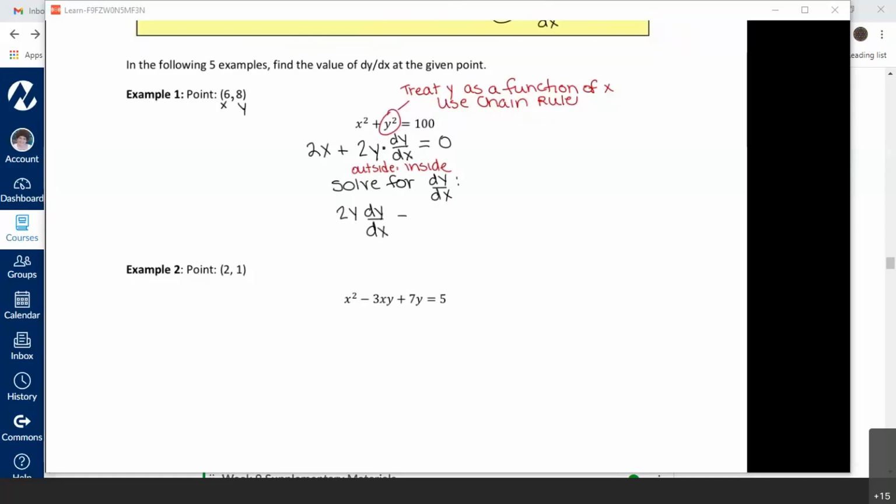That's going to put it on the right side with a negative sign in front of it. And then the last thing I need to do is divide by 2y. And I get dy dx equals negative 2x over positive 2y, or negative x over y. From here on down is just algebra. This is the only calculus step.